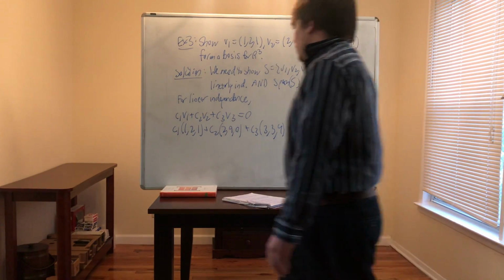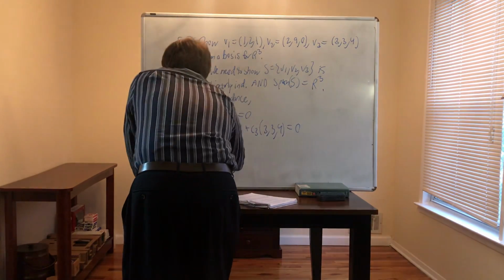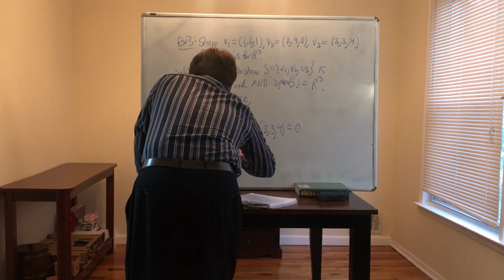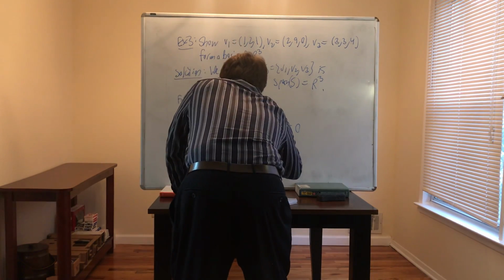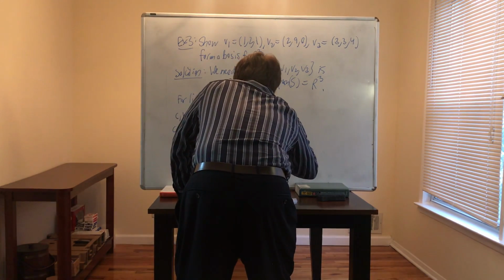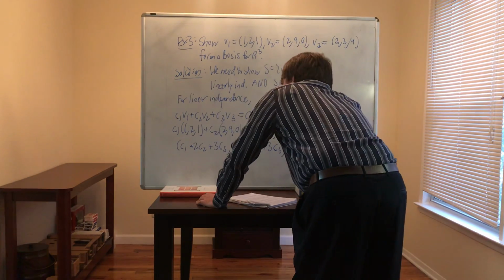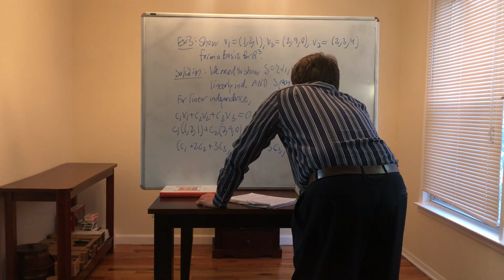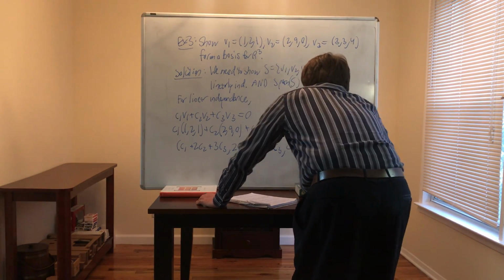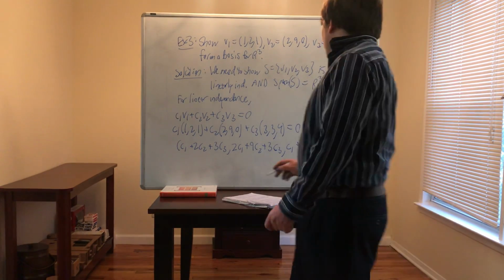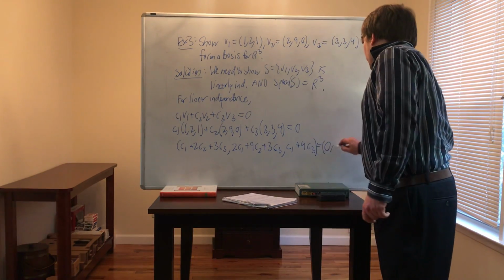Okay? And so then when you combine the terms, you get C1 plus 2C2 plus 3C3, 2C1 plus 9C2 plus 3C3, C1 plus 4C3 is equal to 0. And by 0 we mean the 0 vector, 0, 0, 0.